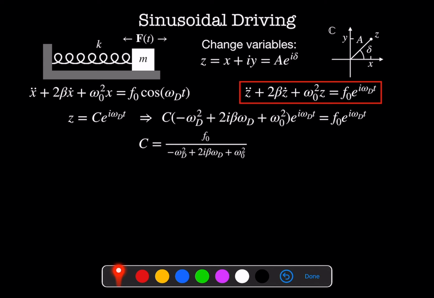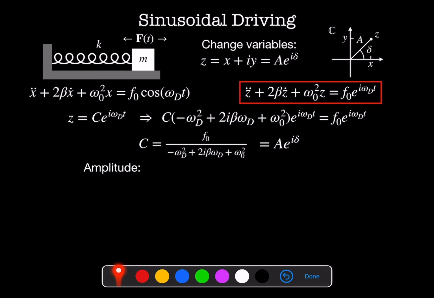So what I'm going to do is appeal to my form of complex numbers, an amplitude times a phase, in order to sort out the real and imaginary parts of C. So at the end of the day, I want to write C as A e to the i delta.